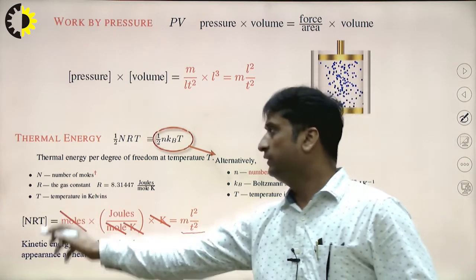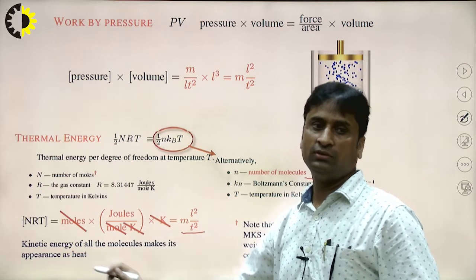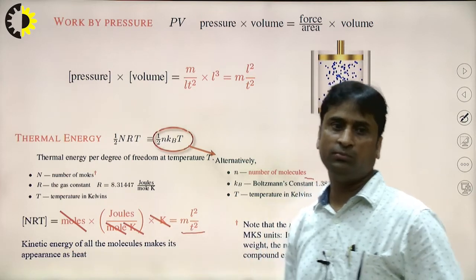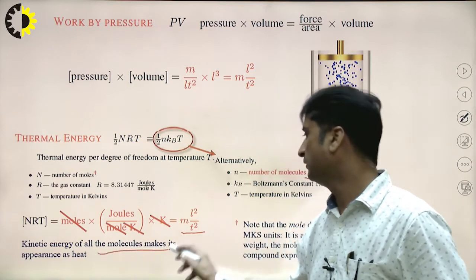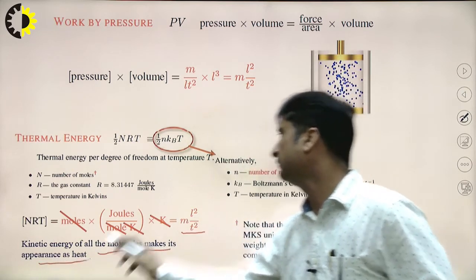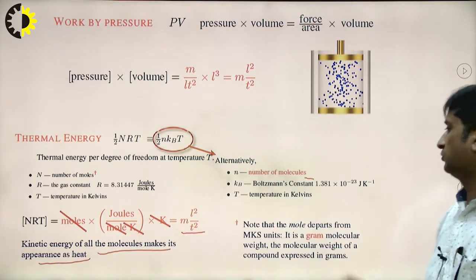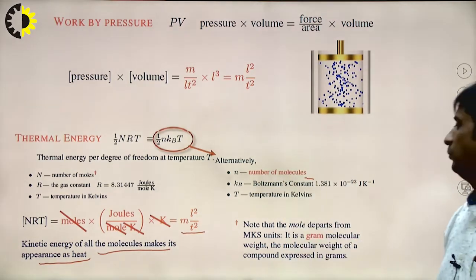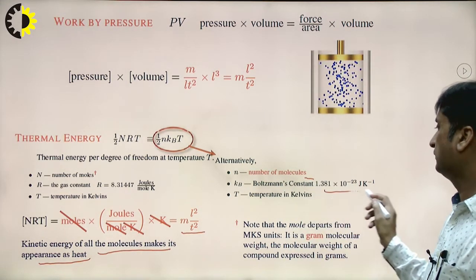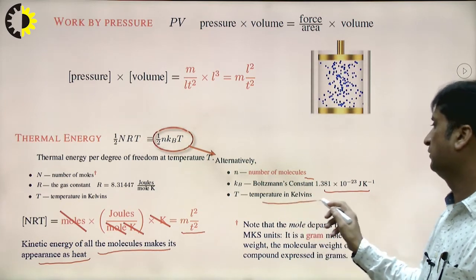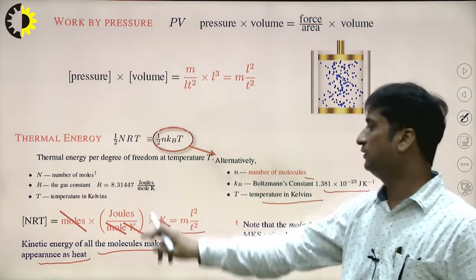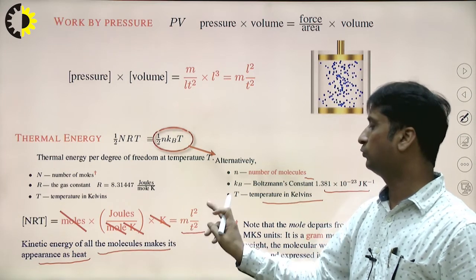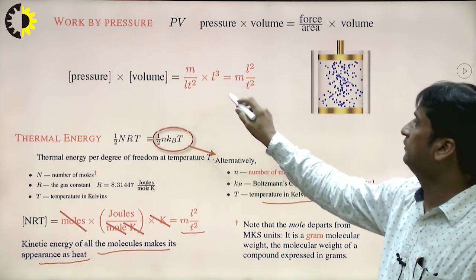So here the heat, basically thermal energy, is due to the kinetic energy of the molecules, appearing as heat. Kb is the Boltzmann constant, and T is the temperature in Kelvin. So this is the thermal energy, and I can say that the energy is equal to m L square by T square, the same as here.